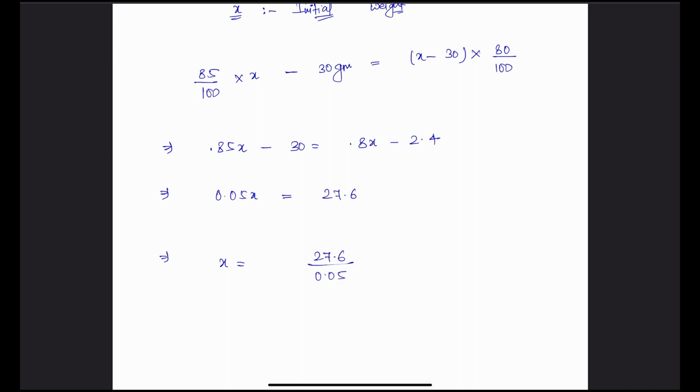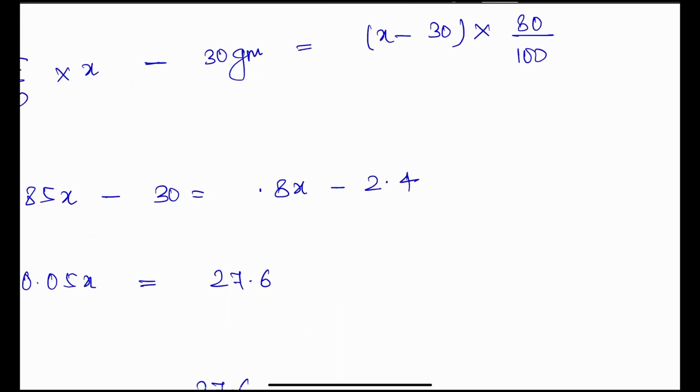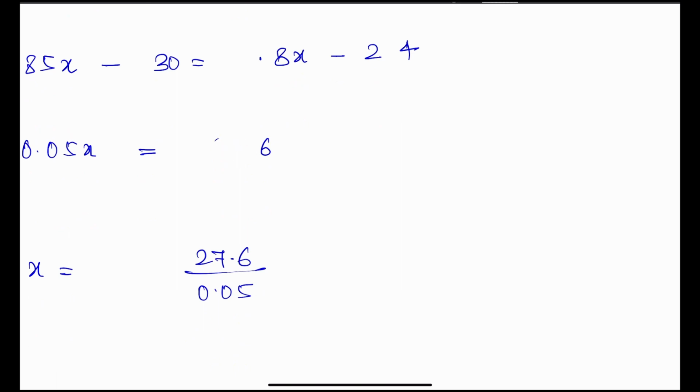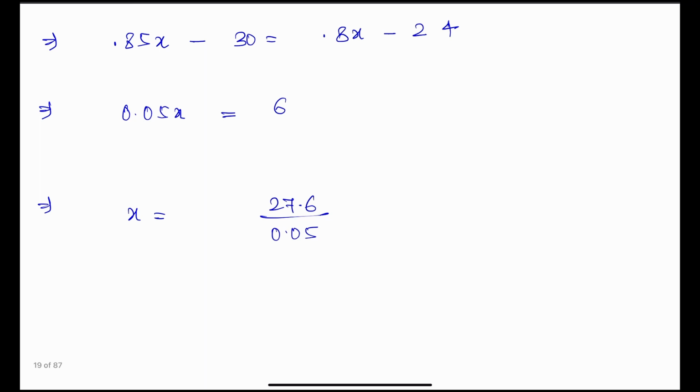Wait, how come it became 2.4? It will be 24. If it is 24, then it will be 6. Then I can rewrite here as 6 divided by 0.05. So 6 divided by 0.05 is nothing but 120 gram.